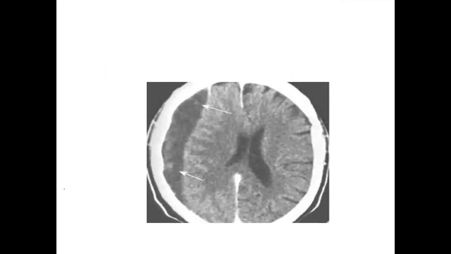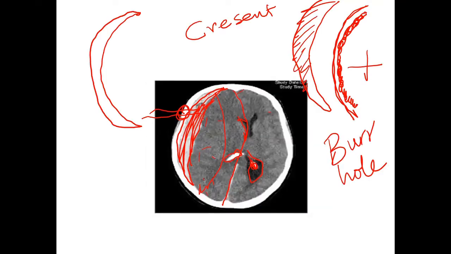Now, if you look at this, what is the shape? And mark you, this crescent can cross to the opposite side because it is between the dura and the brain. There is no attachment to the skull.